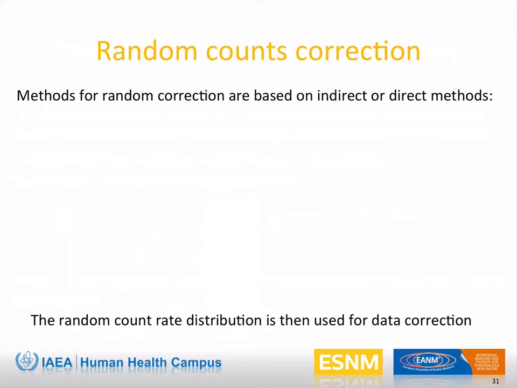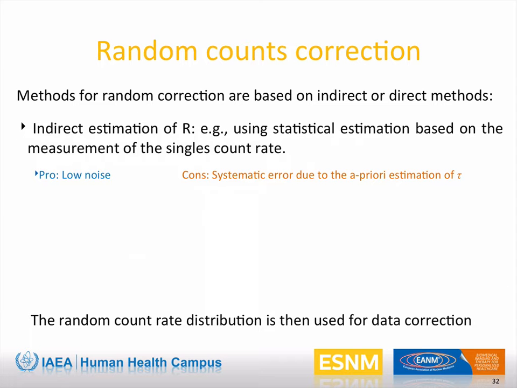The estimation of the random count rate can be indirect or direct. In the first case, the random count rate formula previously shown is used to derive Rij from the single count rate recorded in each detector. This method is in principle precise, but may be not very accurate for the systematic error due to the a priori estimation of tau.